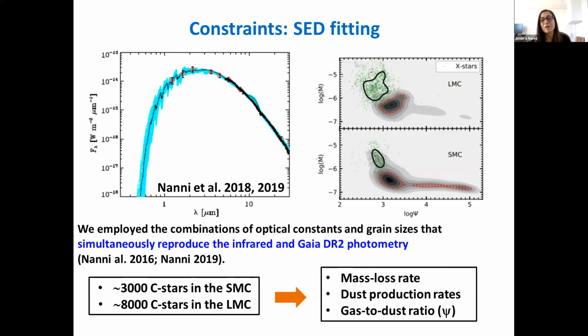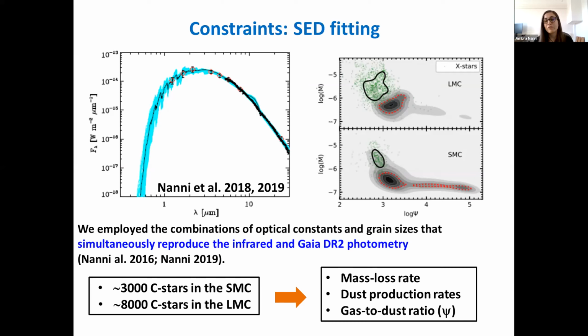selecting those optical properties and grain sizes which simultaneously reproduce the infrared photometry and the photometry from Gaia Data Release 3. We use these optical properties to build our model in a large grid, and we fitted the spectral energy distribution of carbon stars in the Magellanic Clouds through the models.